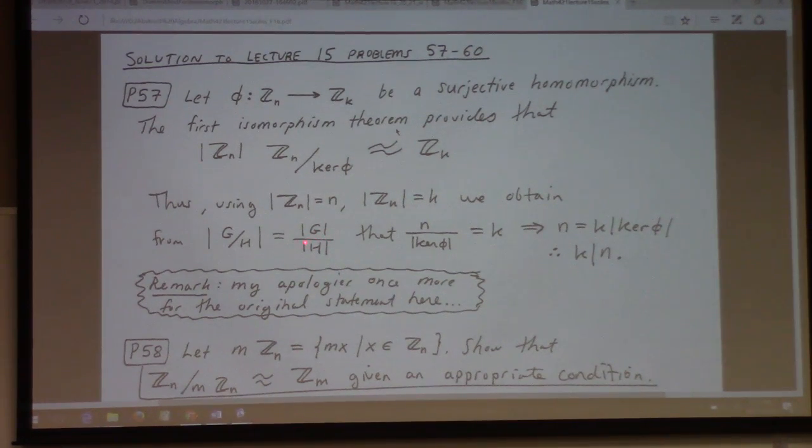They're just sizes, like number of elements in a finite set. If they were infinite, I don't know if the quotient still makes sense, and I don't think it does. Anyway, n divided by the size of the kernel of phi is equal to k, which is to say that n is some multiple of k. In other words, k divides n. So if I had added the criterion surjective homomorphism, the problem would have made sense.